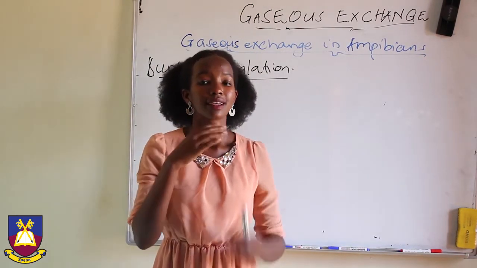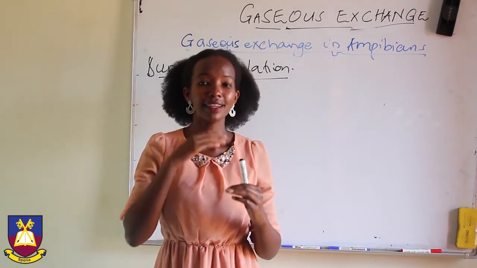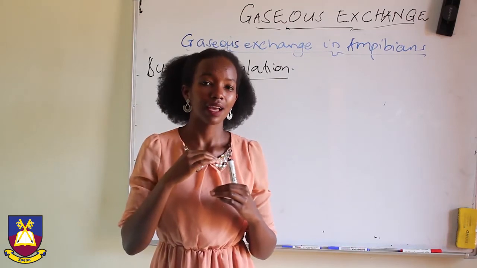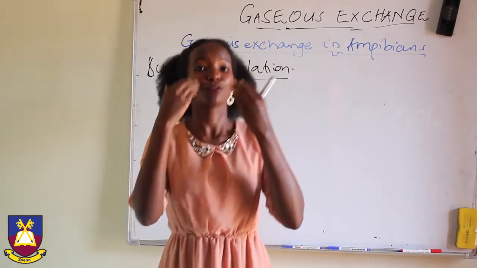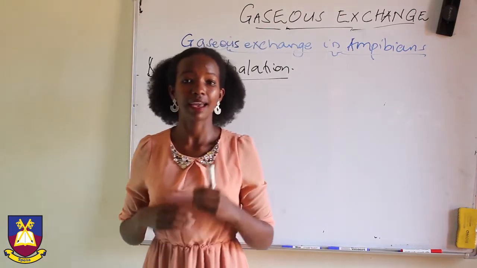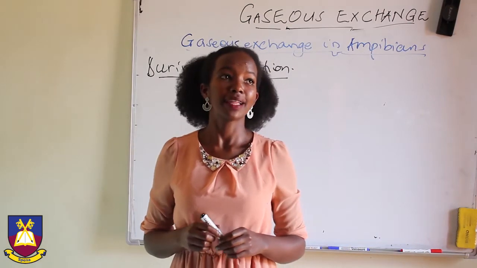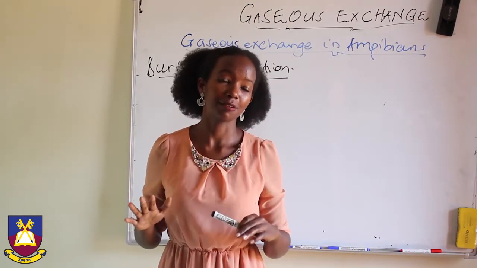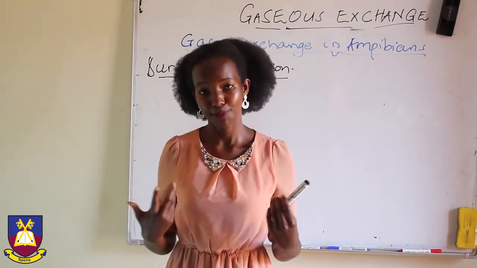When it's raised, the internal volume of the cavity reduces. When the internal volume reduces, the pressure inside the cavity increases, which forces the air out through the nostrils, and that is all. And therefore, gaseous exchange in the mouth cavity is complete.